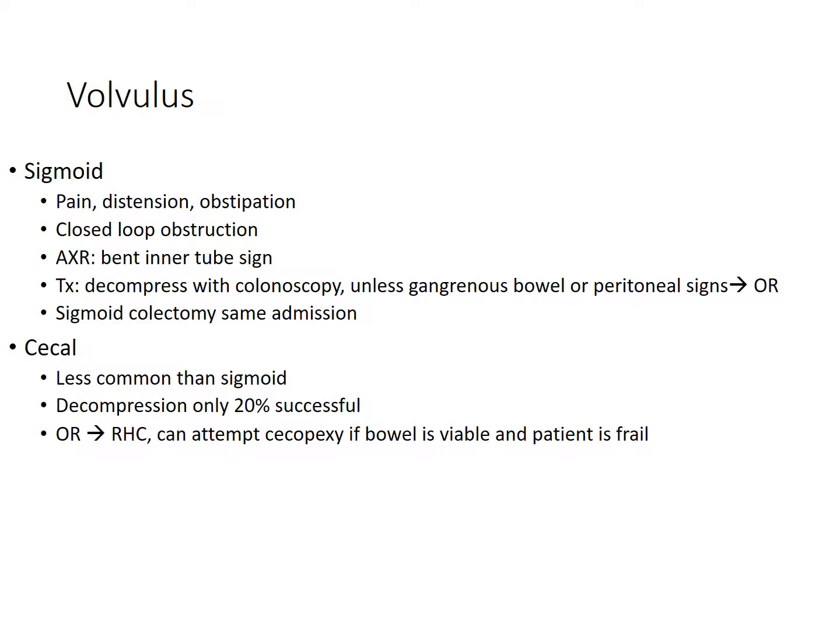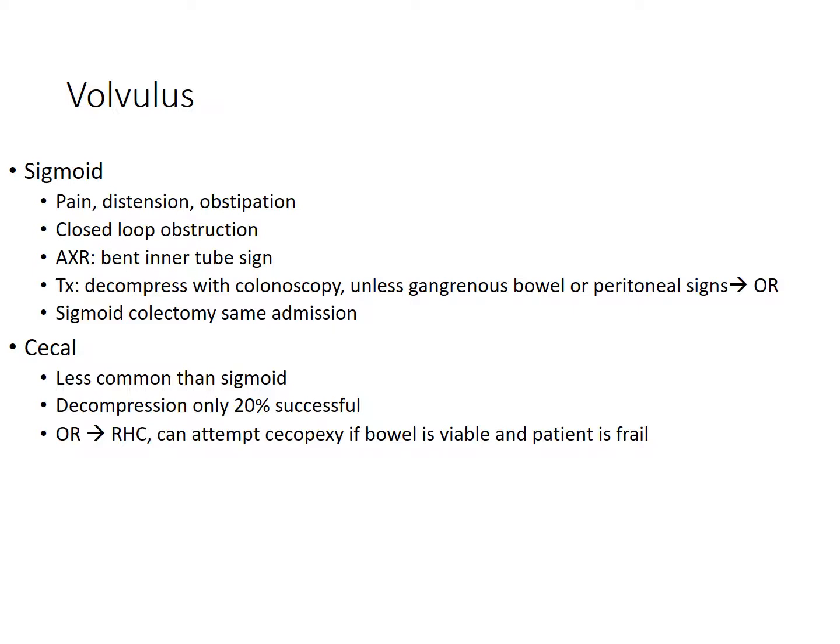Treatment: you can attempt to do a decompressive colonoscopy, unless you have gangrenous bowel or peritoneal signs, then you would want to go to the OR for an ex lap. If you are able to do a decompressive colonoscopy, then you can optimize the patient, do some cardiac risk stratification, and do a semi-elective sigmoid colectomy during the same admission.